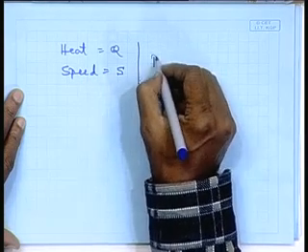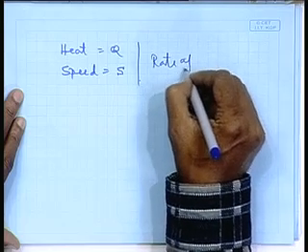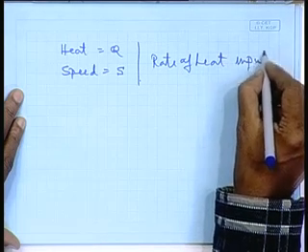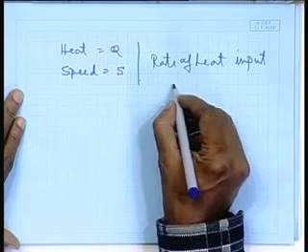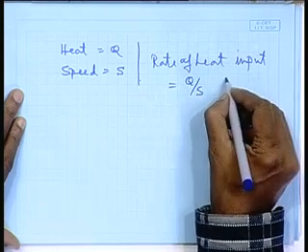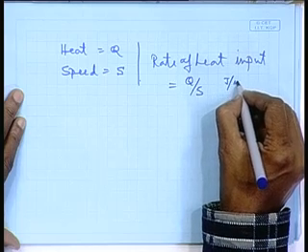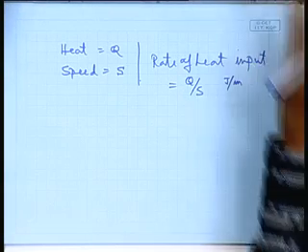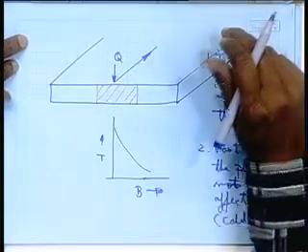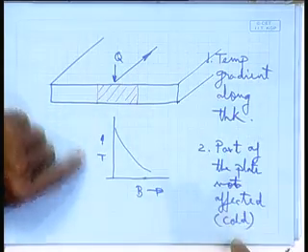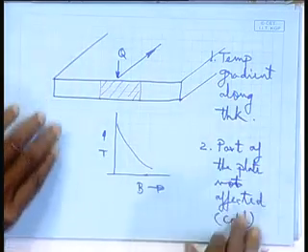So we have a rate of heat input as Q by S, so many joule per meter. Depending on the amount of Q and the speed it is moving, only a part of the plate is getting affected, and the rest of the plate is remaining cold.